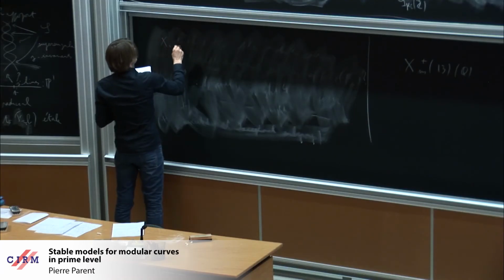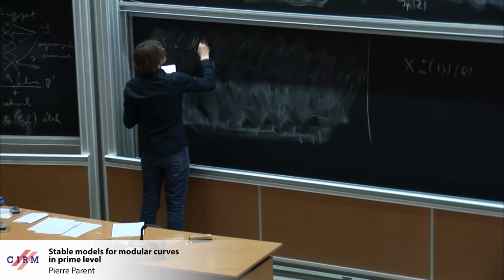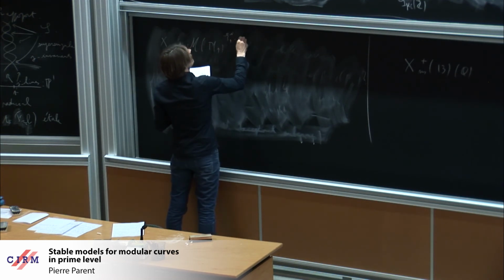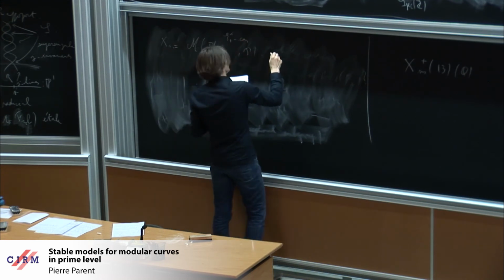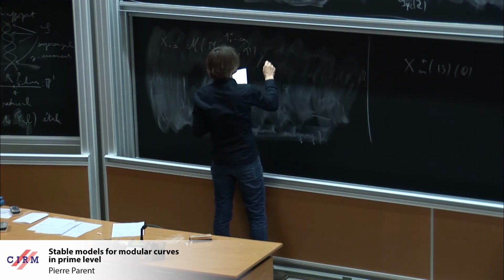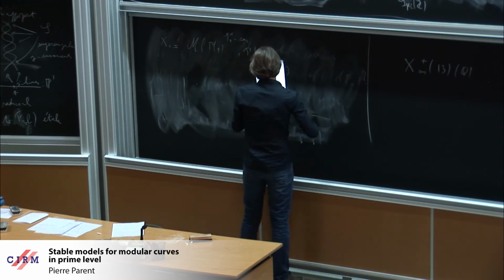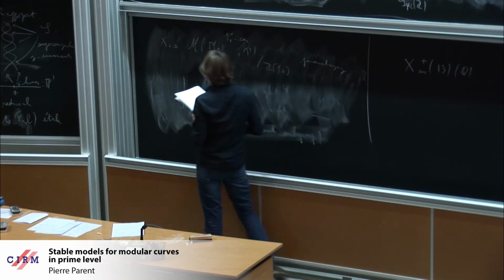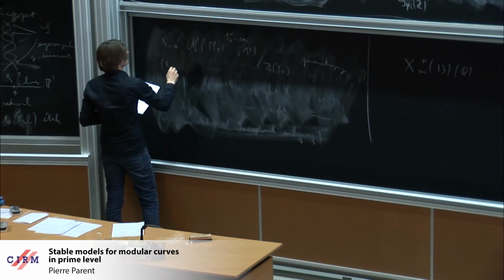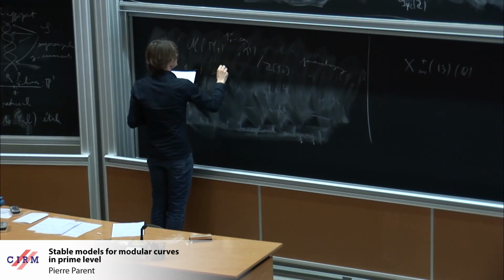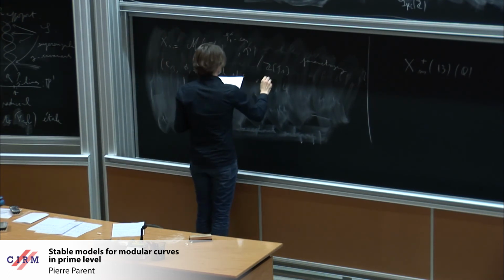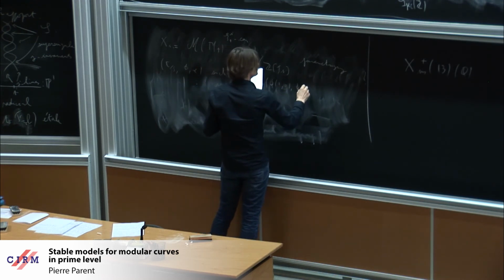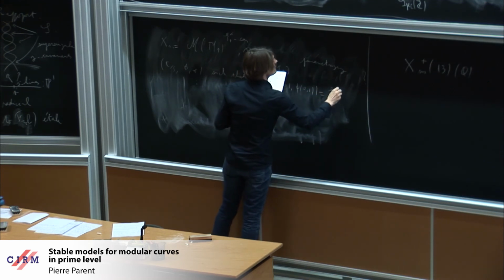I call X_i the M Gamma(P) zeta_p^i canonical P. It is defined over Z[zeta_p], and it corresponds to triples such that the Weil pairing of the canonical Drinfeld basis is just zeta_p to the i.